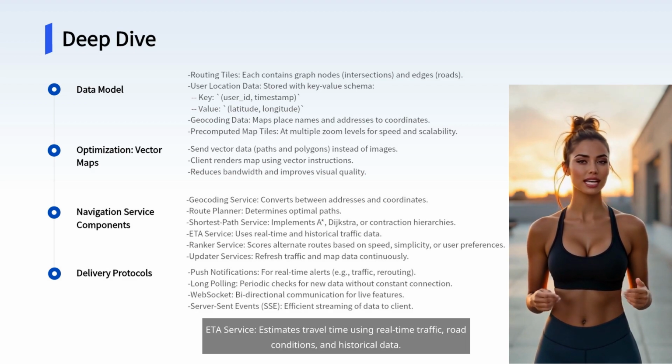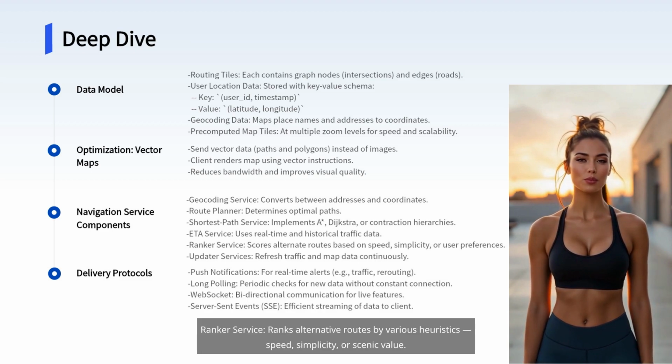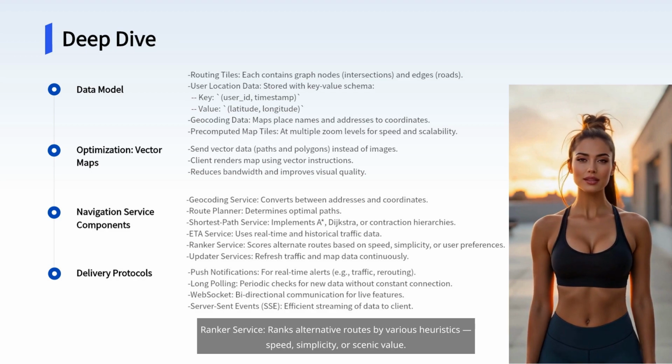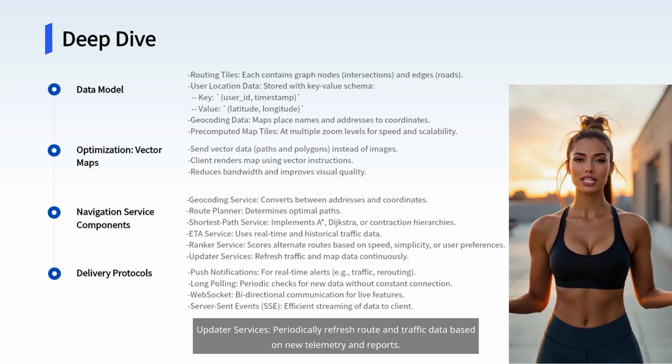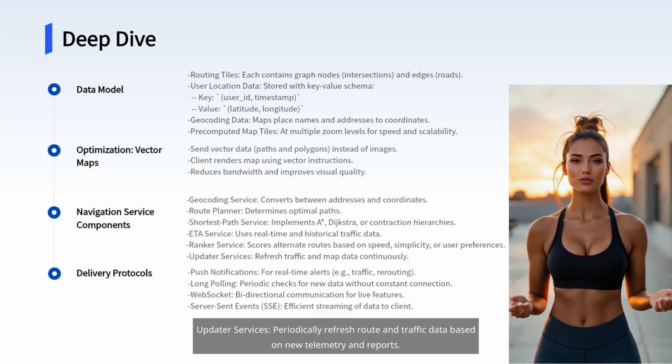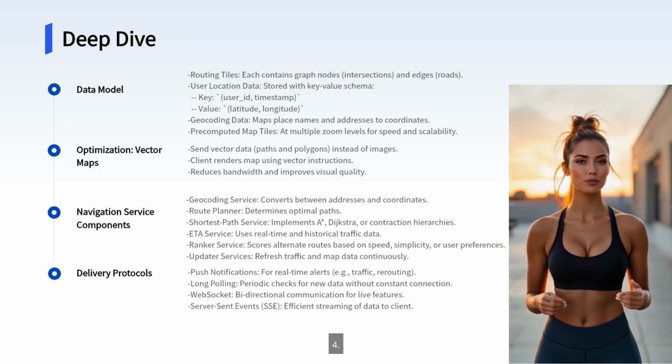ETA service estimates travel time using real-time traffic, road conditions, and historical data. Ranker service ranks alternative routes by various heuristics: speed, simplicity, or scenic value. Updater services periodically refresh route and traffic data based on new telemetry and reports.